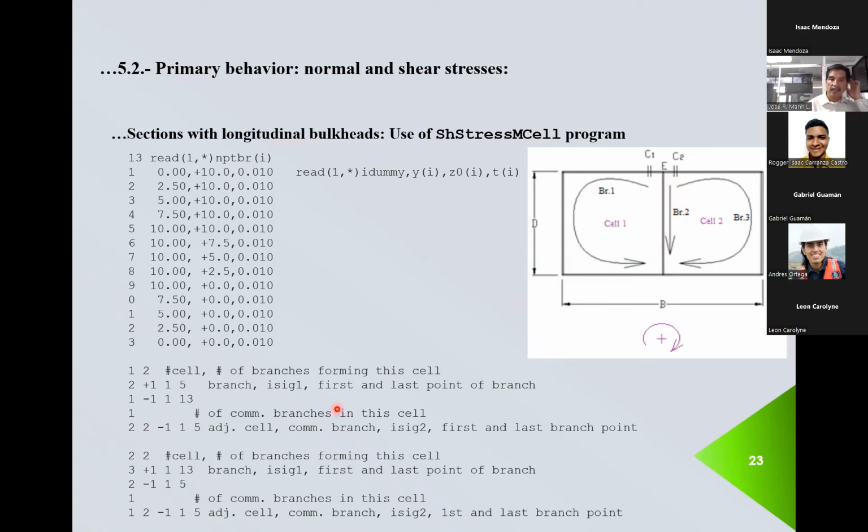And you can see that what the program is doing is forming the equations that it needs in order to calculate Q1 and Q2, which are unknown. For each one of the cells, the program will calculate the Q, which is constant and unknown.